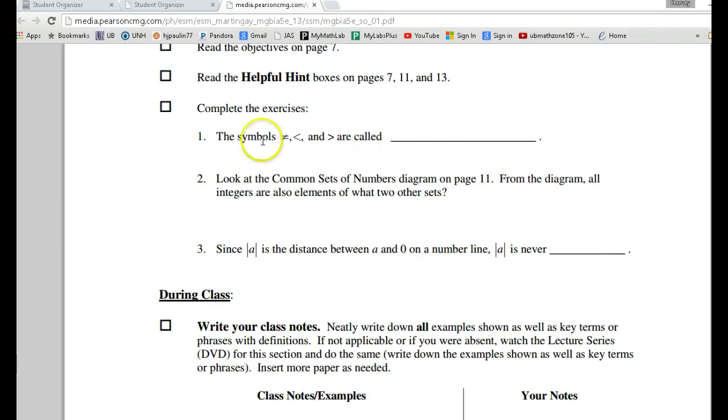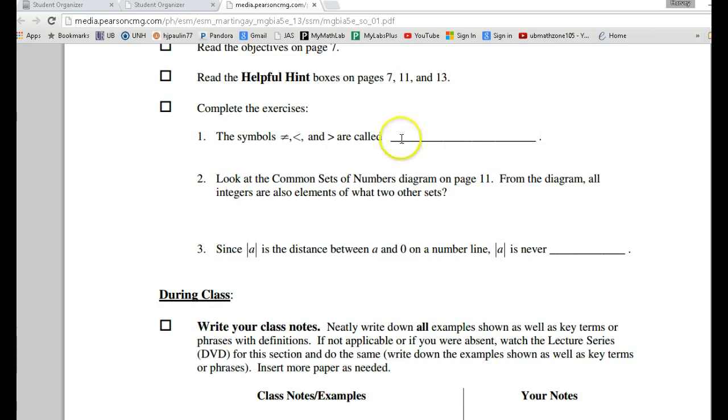So, what are they looking for here? Well, these symbols, not equal to, less than, and greater than, are called, and if you only want to take a little bit of notes, you could put this in another notebook and just pick out the things from this that you think you'd like to remember.